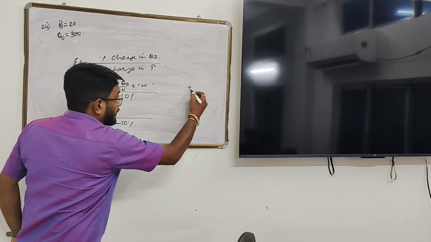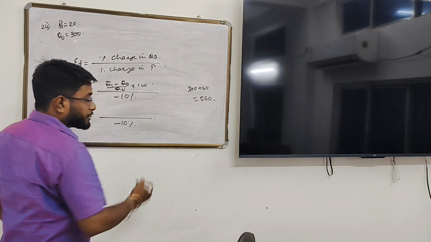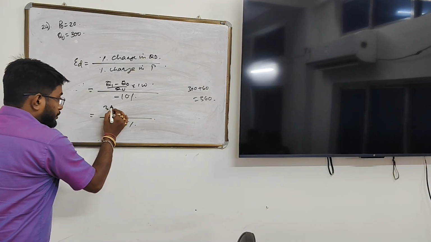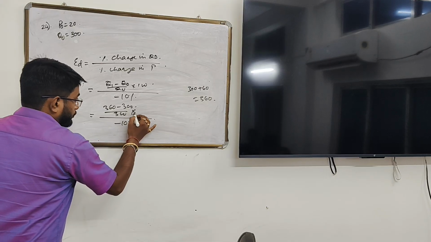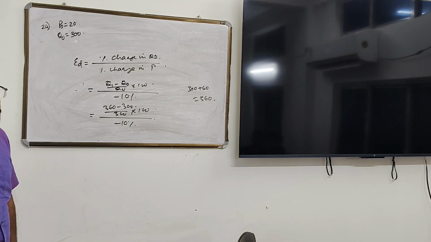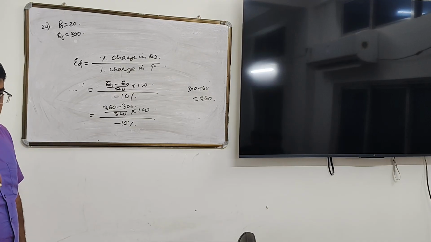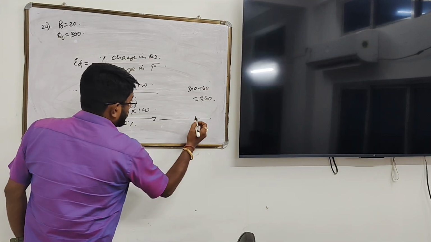That is actually 300 plus 60, which is equal to 360. So Q1 is 360, Q0 is 300, divided by 300 into 100. Am I clear? This is the only twisting point. Was I able to explain? Now, the rest of the calculation.